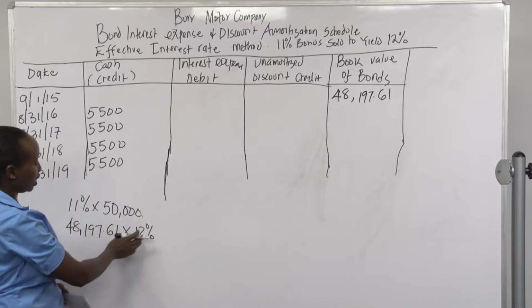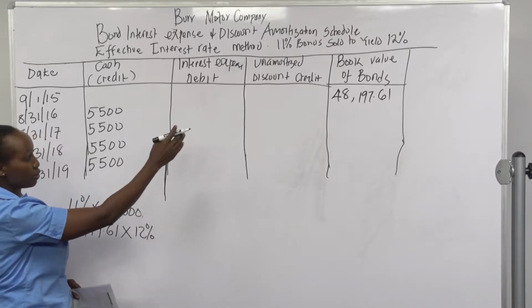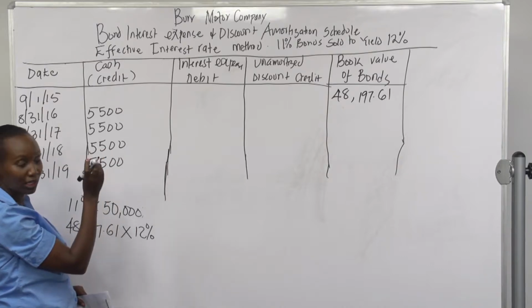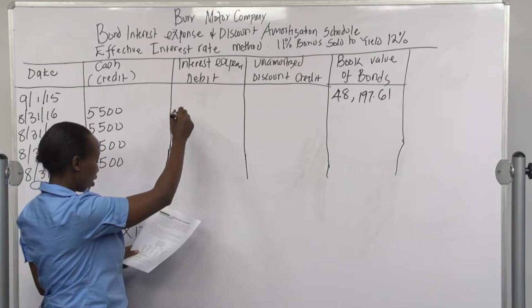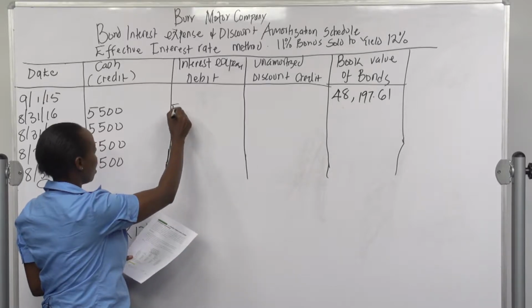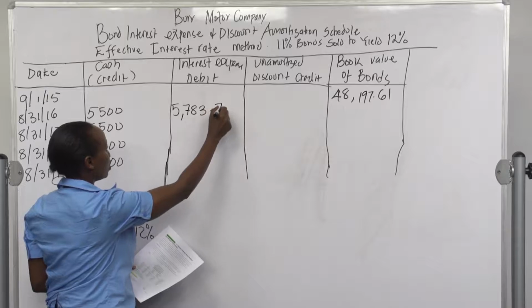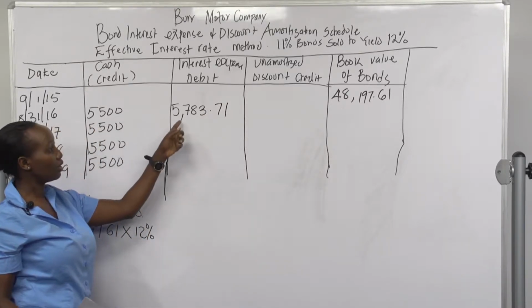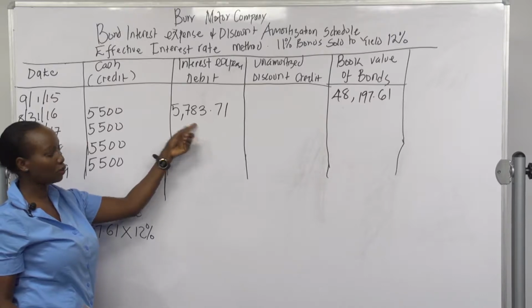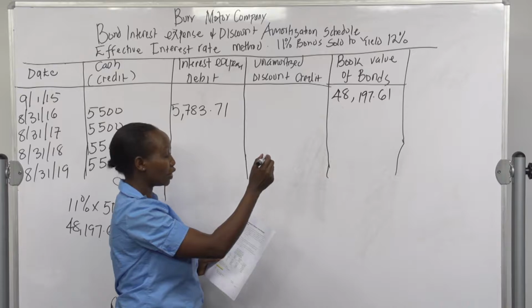For the first one, we always take the last carrying value of the bond. So we're using 48,197.61 times 12%. That's how we get 5,783.71. We take this interest expense amount and subtract 5,500 from it to get the amortization amount.